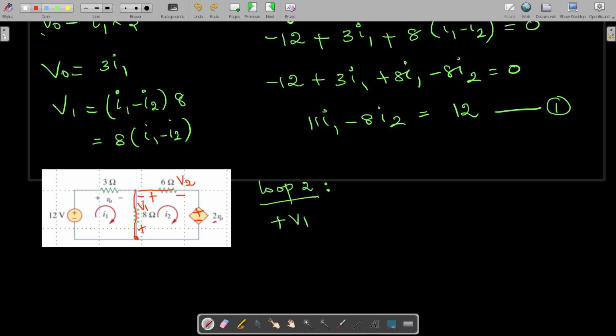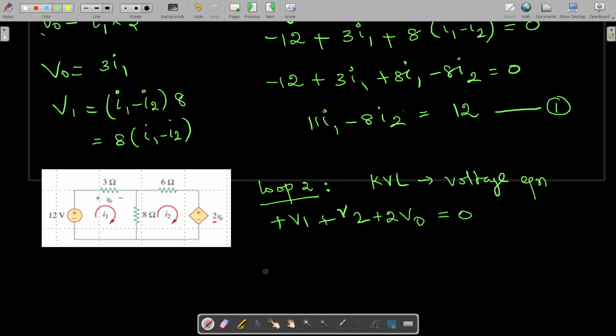When you travel through the 6 ohm resistance, it is plus V2, and when you travel through this dependent voltage source, it is plus 2V0, and then we travel through this common path where no element is present, so it is equal to 0. So we have applied KVL and we have written the voltage equation for loop 2.